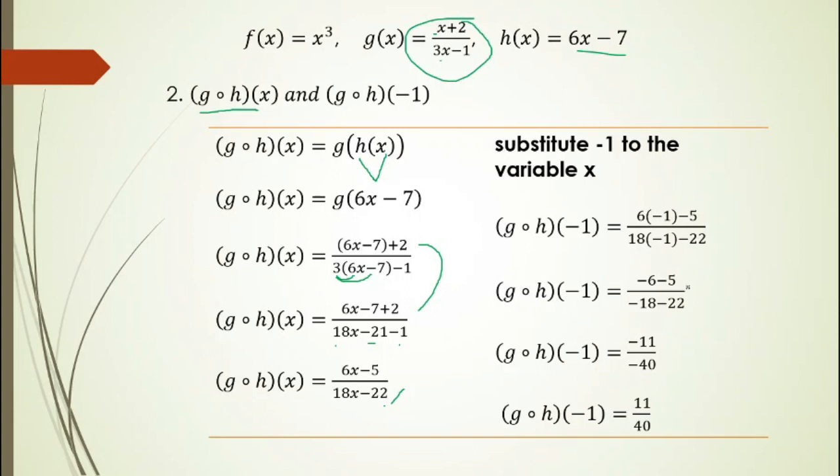So, magkakaroon tayo sa numerator ng negative 6 minus 5, which is equal to negative 11. And then, negative 18 minus 22, that is equal to negative 40. So, since our numerator and denominator are negative, divide natin, negative divided by negative, the answer will be positive 11 over 40. So, this is our final answer.